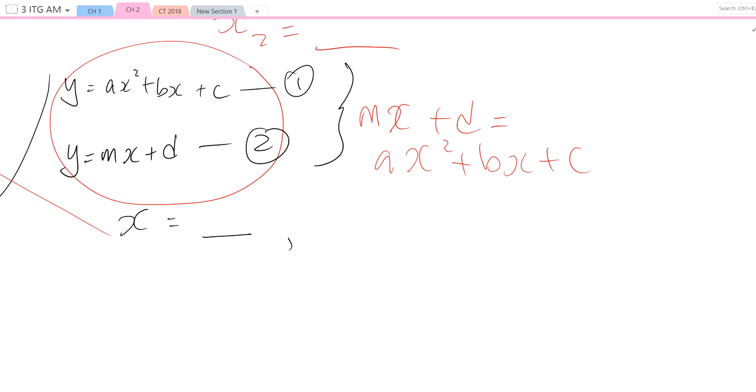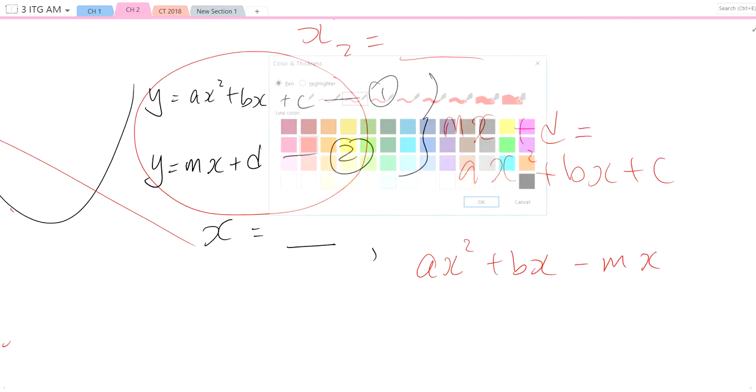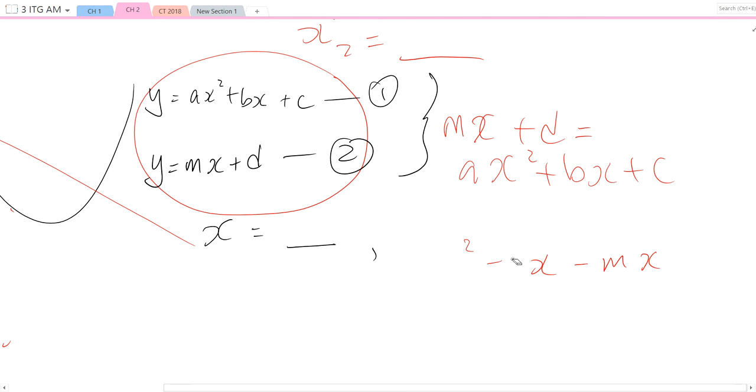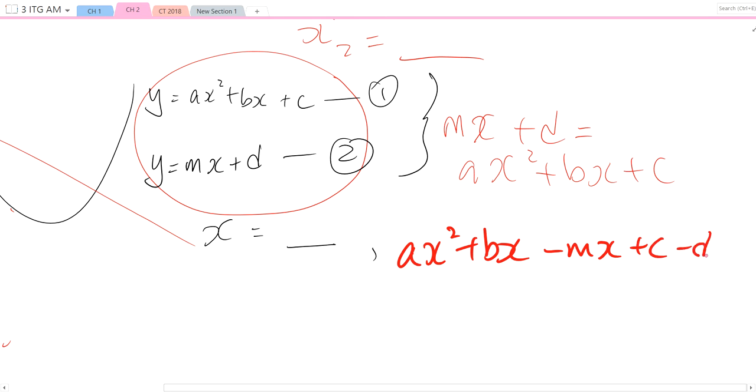Okay, so let's see what happens. I've got ax squared plus bx minus mx. Actually, it's just the laptop got problem. It just zooms in and out by itself. Ax squared plus bx minus mx plus c minus d equals 0.